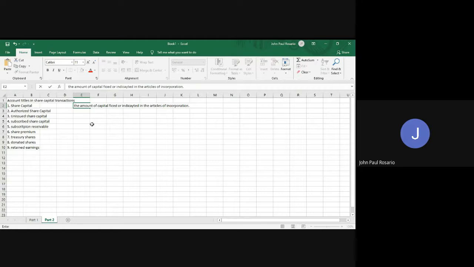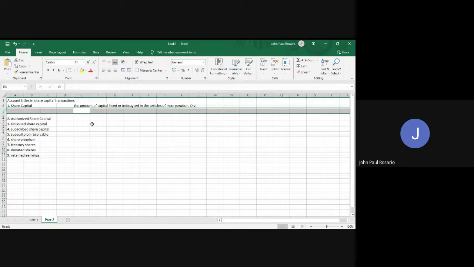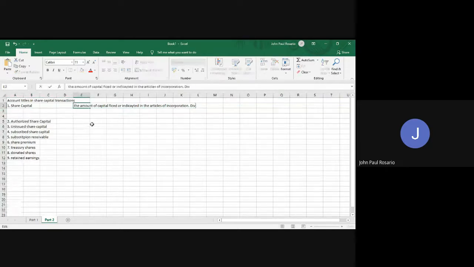This is divided into shares of stock, which will be subscribed or paid in by the shareholders either in money, property, or services rendered.